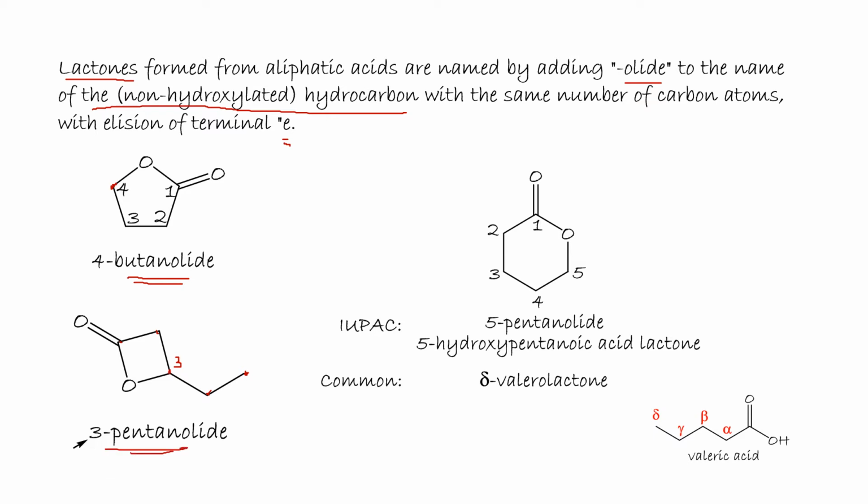If we have the connection on 5, that will be 5-pentanolide, or 5-hydroxypentanoic acid lactone. Common name, the name of C5 acid is valeric acid. It's connected from delta position, so it will be delta valerolactone.